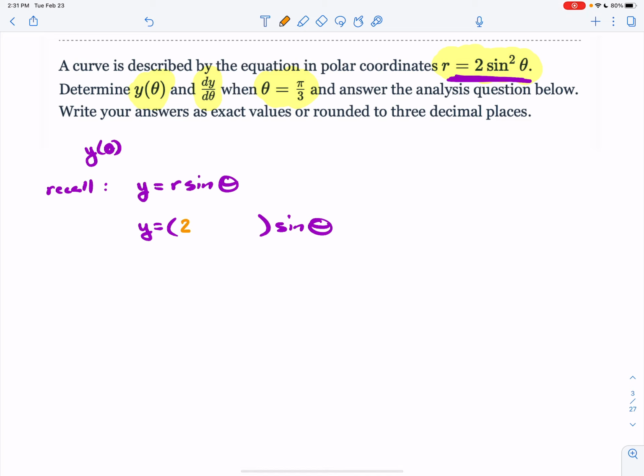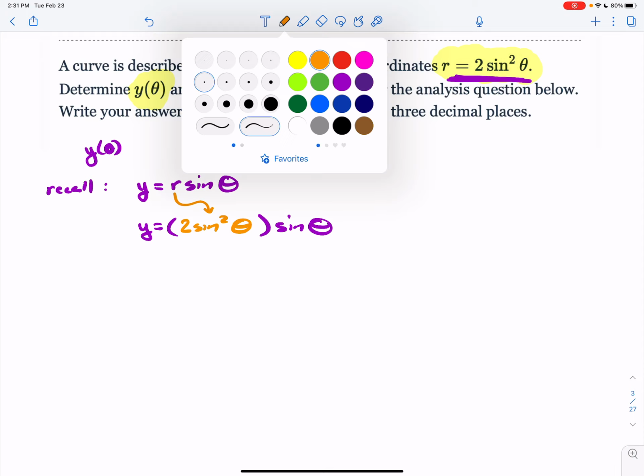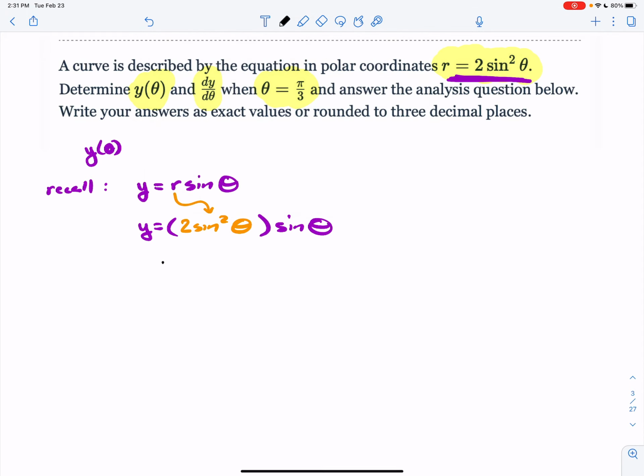In this case, it's 2 sine squared theta, that's our r, times sine theta, okay? This is conveniently written enough so that we can simplify it. So y is equal to 2 sine cubed theta. And this is our y theta here. I should say y theta so that you guys don't get confused. Okay, so there's one of our answers.